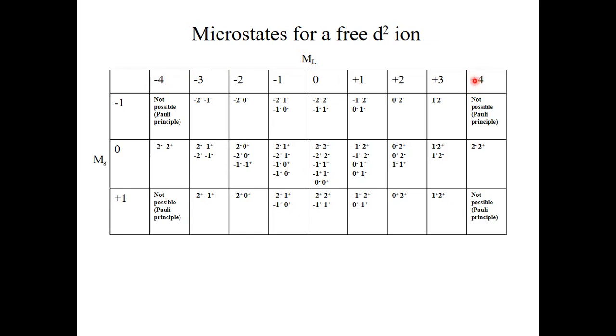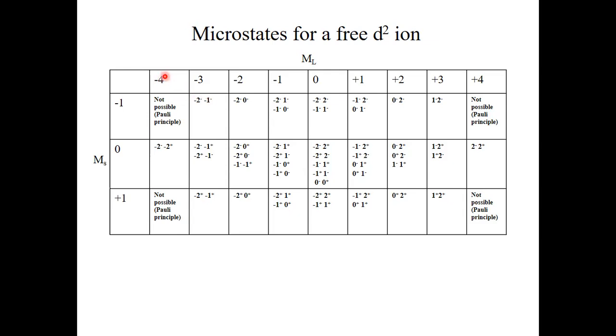The maximum possible value is 2 plus 2, and the most negative value is -2 plus -2. The microstates are represented by all the possible combinations of ML and MS values, and you see them now listed in this table.